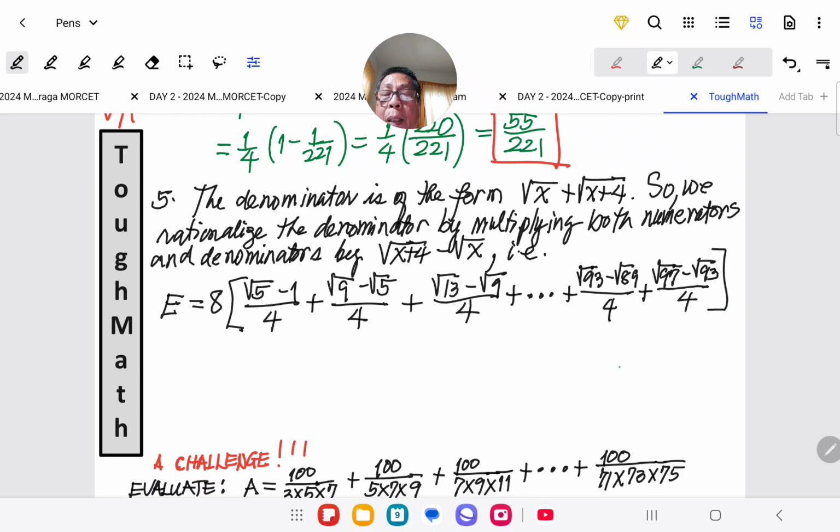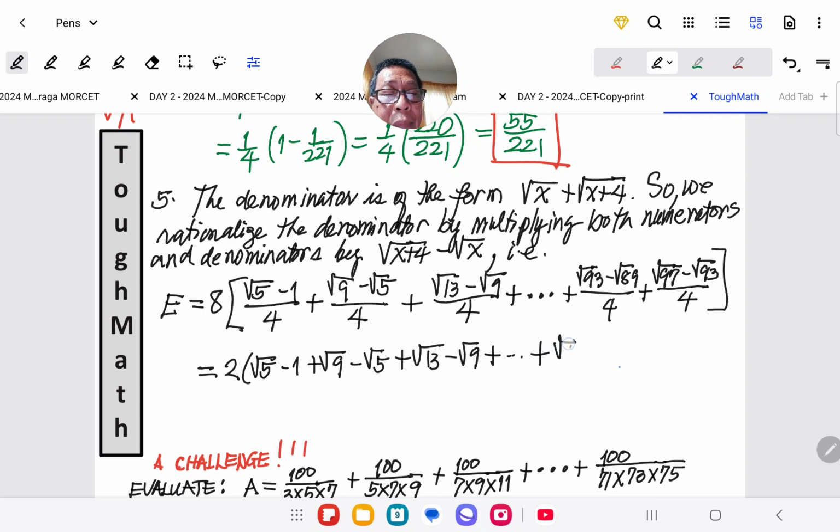Okay, which we can now write as 2 times square root of 5 minus 1 plus square root of 9 minus square root of 5 plus square root of 13 minus square root of 9, and so on, plus square root of 93 minus square root of 89 plus square root of 97 minus square root of 93.